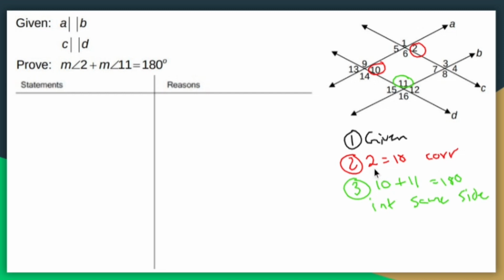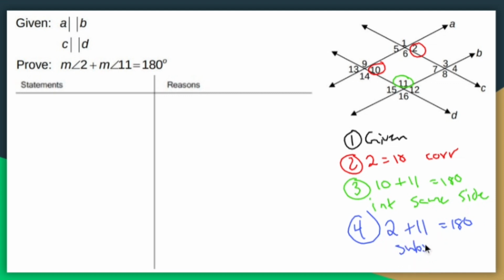So since 2 is 10, I can finish this out in one more step by replacing that 10 with 2 and saying 2 plus 11 equals 180, and that is by substitution.